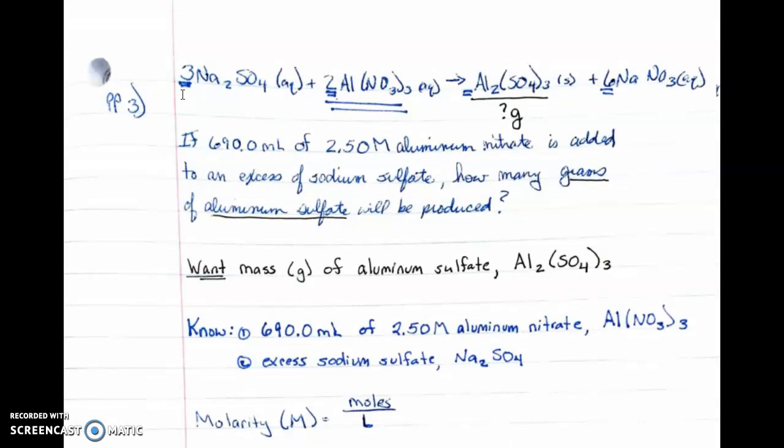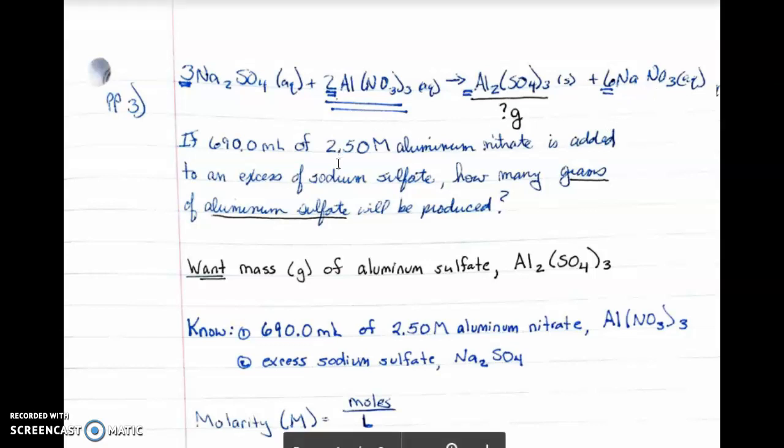All right. The other thing to keep in mind when we see a chemical equation is that it's a ratio of sorts that relates the ratio of moles for each of the substances in the chemical equation. So for every 3 moles of sodium sulfate, we need 2 moles of aluminum nitrate in order to make 1 mole of aluminum sulfate and 6 moles of sodium nitrate.